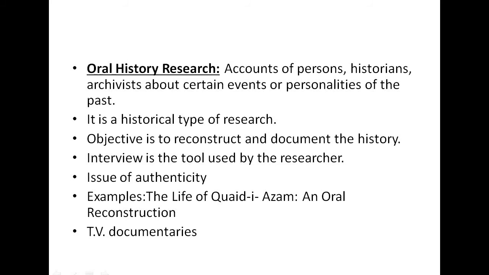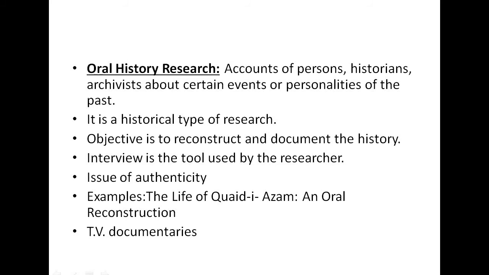We will try to reconstruct and redocument the history. And naturally, the interview is the tool used by the researcher. The researcher would visit all these persons, historians and archivists, and would take interviews from these people.